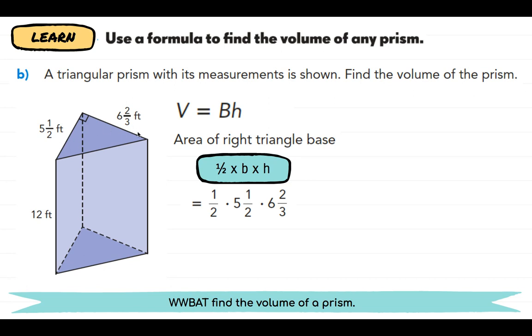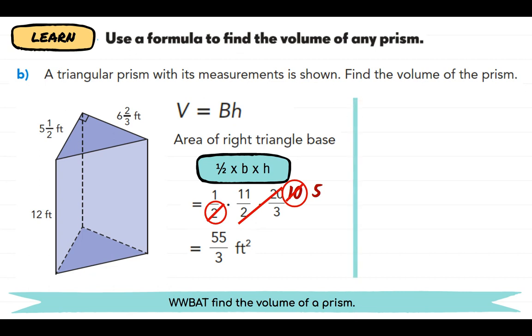And then we plug in the numbers, 1/2 times 5 and 1/2 times 6 and 2/3. We change the mixed number into improper fractions, and then we cancel out or divide the numbers by common factors and then simplify it into 55 thirds.